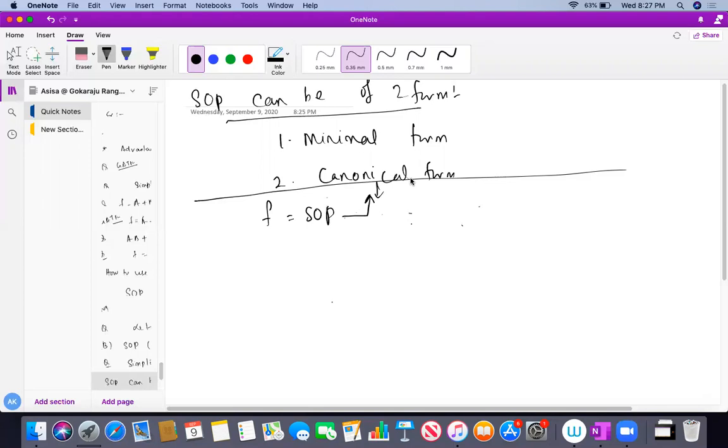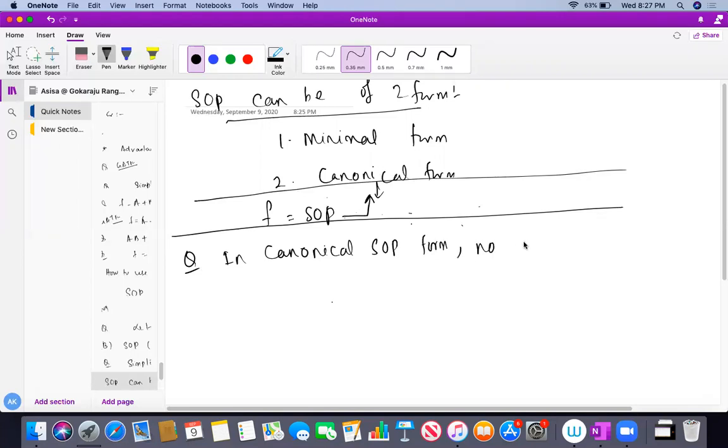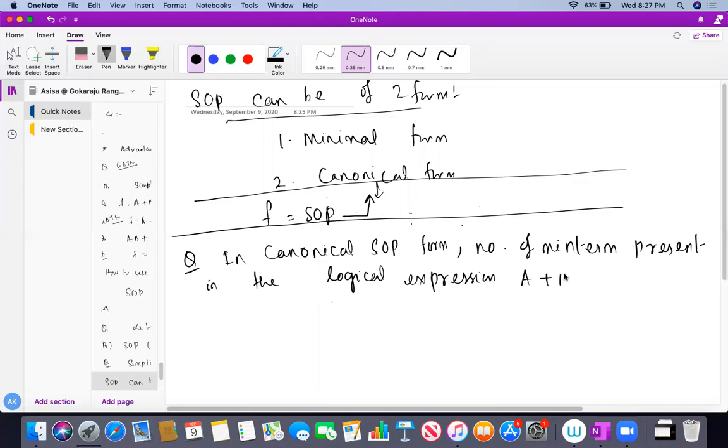Okay, so see here, this is actually one of the questions asked in the GATE exam. I'm going to solve this in canonical SOP. So see here how the question will come. In canonical SOP form, the number of min terms present in the logical expression A or B bar C. Please try to read it very carefully.